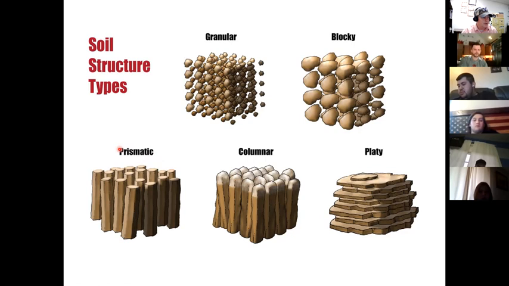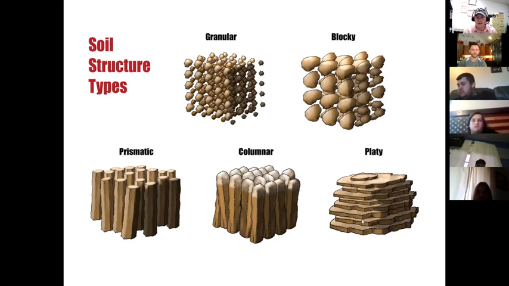And you'll notice that the columnar kind of looks similar, right? What distinguishes prismatic from columnar is that prismatic usually manifests itself in subsoil, where you'll get a columnar formation most often towards the soil surface. And this last one is platy. That goes without description. It's just layer on layer stacked on each other.